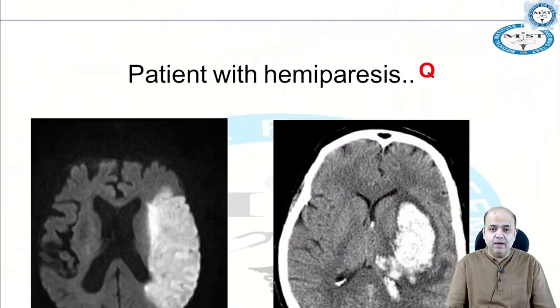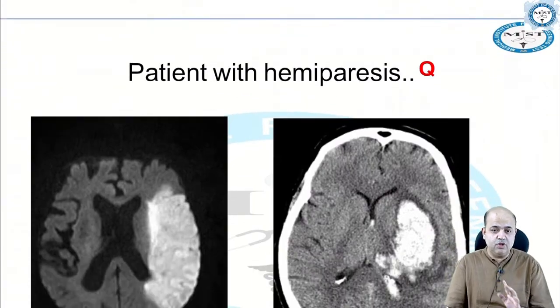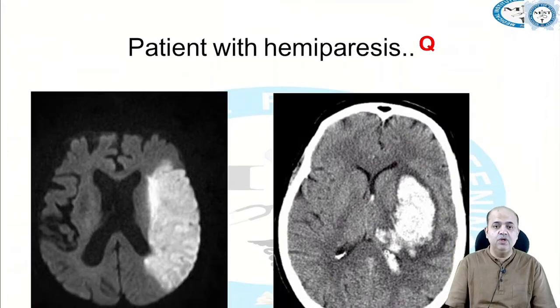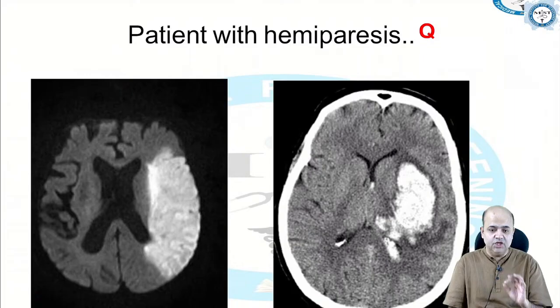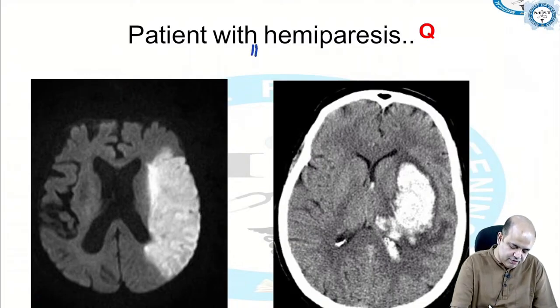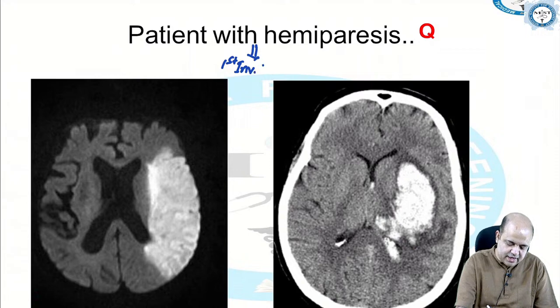Another pathology that is commonly seen and routinely asked, and is also a neuroradiological emergency, is the patient with suspected stroke. What is the first investigation? The first investigation is NCCT.